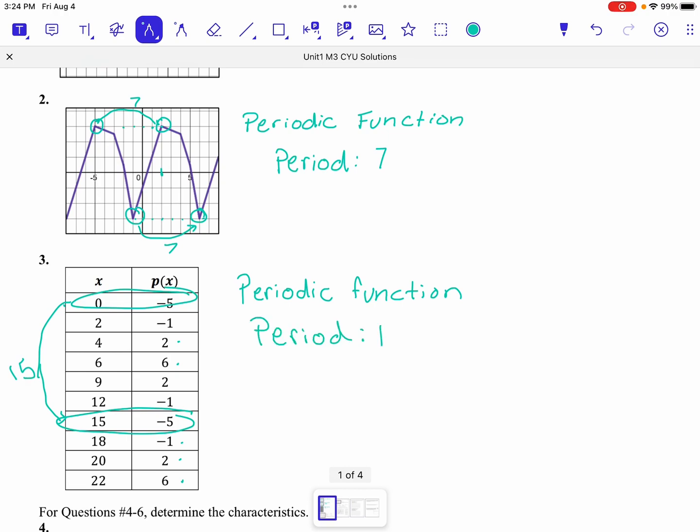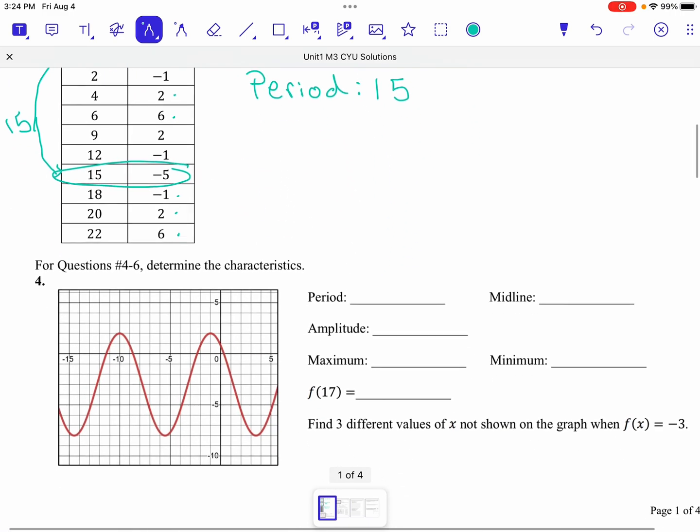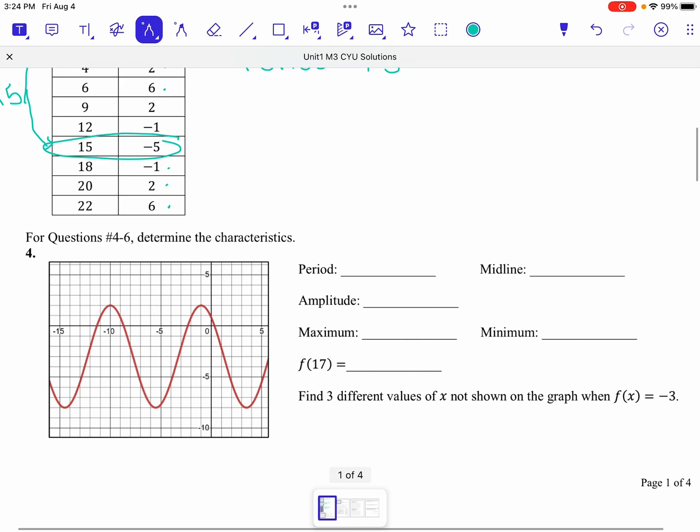So once we know a function is a periodic function, there are certain characteristics that we use to describe those periodic functions. And that's what questions 4, 5, and actually 6 are looking at. I'm going to walk through some of these and then give you answers to the other ones, but maybe not focus on all the parts, because once you do this once, you'll notice that the values are sort of similar.